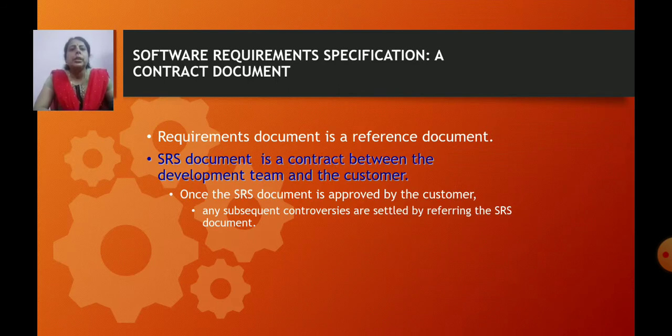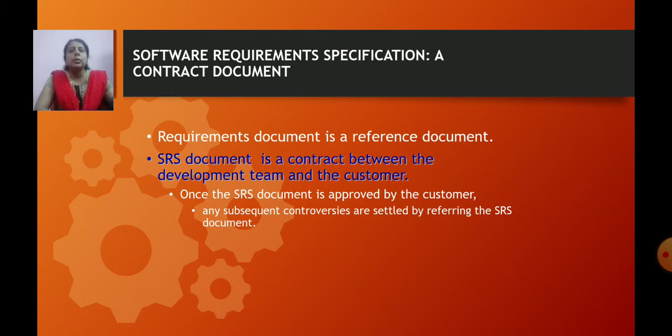Requirement document is a reference document. The SRS document is a contract between the development team and the customer. Once the SRS document is approved by the customer, any subsequent controversies are settled by referencing the SRS document. Means after the software analyst writes down the requirements in the SRS document, the document is reviewed by the customer and the project manager.